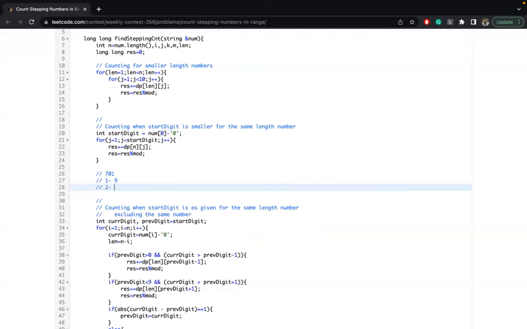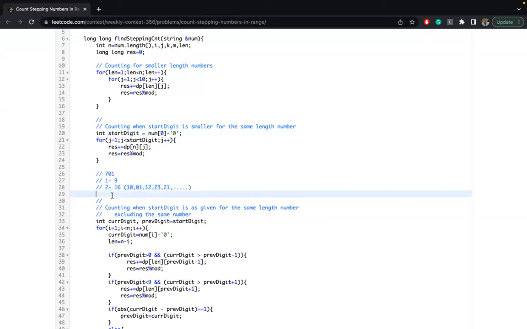And then for 2 digits, you will have around 15, something like 10, 12, 21, 23, 32, all these numbers will be counted, right? So here you will have around 7 into 2 is 14, 14 and 1 is 15, and 16. I think 16 will be there.